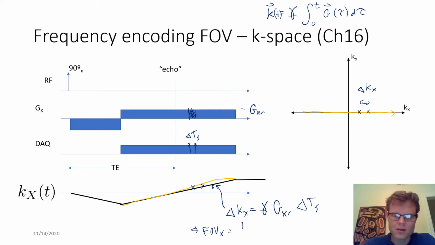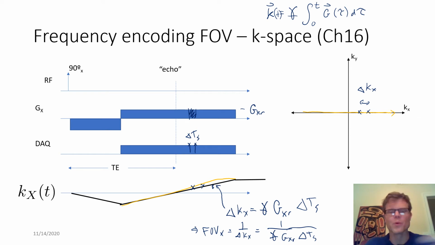If it didn't, then I should be very worried. I'm doing something very wrong if it didn't. So if you look back at a few slides, it's exactly the same relationship we had before when we used just the frequency encoding interpretation, not the k-space-based interpretation.